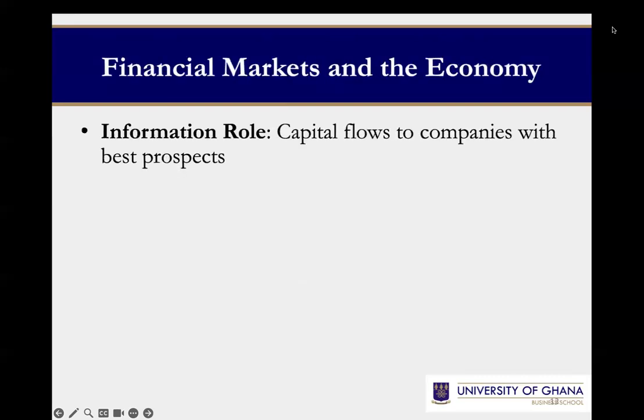Now let's look at the financial markets and the economy. So we started from understanding investments and realizing that the investment environment is typically made up of the financial markets and the players within the space, and in totality the assets, etc., that would find their way onto the financial markets.